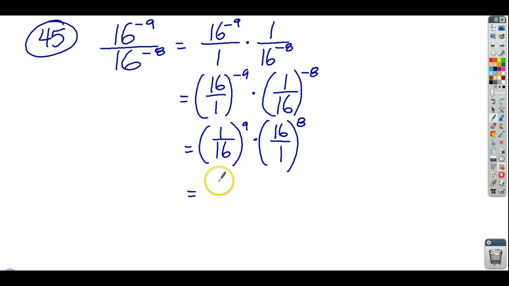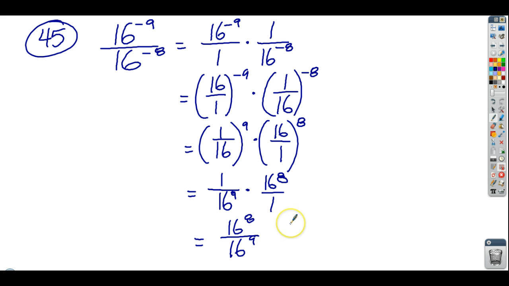Well, this is the same as saying 1 over 16 to the 9th times 16 to the 8th over 1, which, when I multiply this across, is 16 to the 8th over 16 to the 9th. Okay, and if I were to write them all out, I'd say there's 8 16s on the top and there's 9 16s on the bottom.